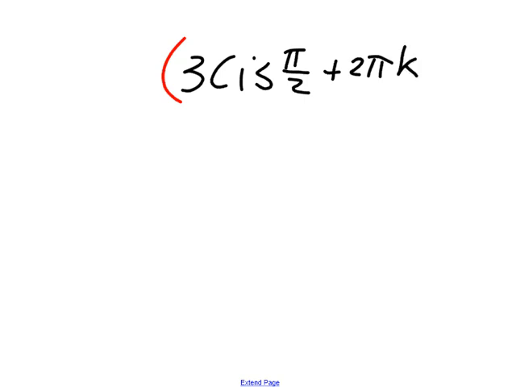Because that'll keep adding 2 pi to our angle, which, think about it, if you add 2 pi to the angle, don't you just get another angle that does the same thing? If I keep adding 2 pi to my angle, I have to also include that in the whole De Moivre thing, because this is the angle. It's really this plus that, and k can be 0, which would mean it's like it's not even there. That cancels this whole term out. Or k could be 1, in which case I have to add 1 set of 2 pi. Or k could be 2, or k could be 3.